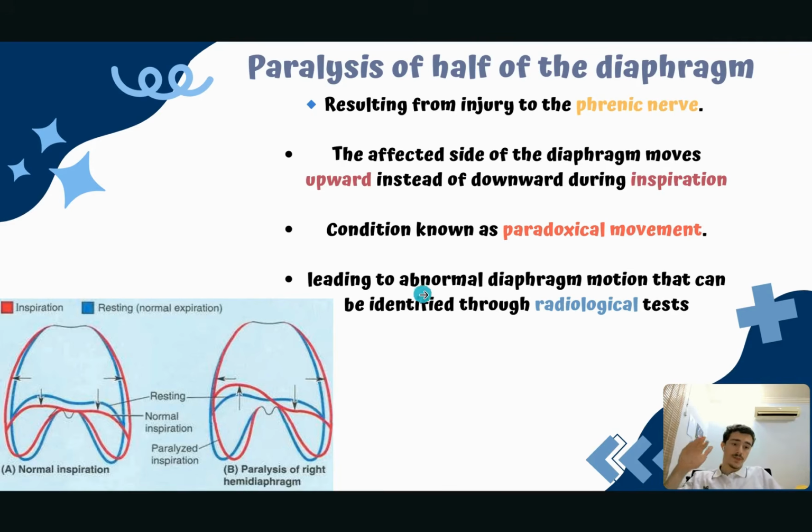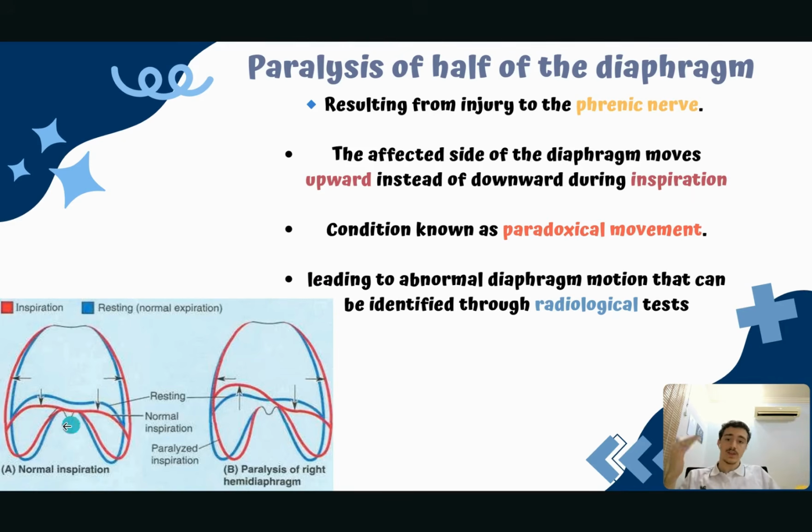It's going to affect one side of the diaphragm. This is paralysis of half of the diaphragm, resulting from injury of the phrenic nerve. The affected side of the diaphragm moves upward instead of downward during inspiration. So it's literally paralysis: one side is working, and the other cannot work because there is damage in the nerve that supplies it.